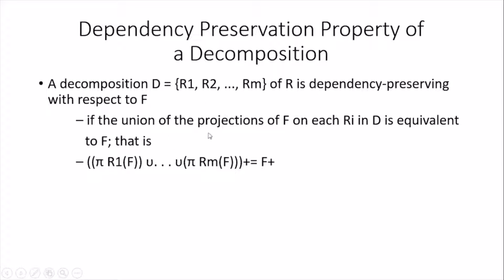When you take the union of the projections of F on each Ri in D, you get the original set of functional dependencies, and when you take their closure, that is equivalent to F closure. So pi R1 of F union pi R2 of F, etcetera, union pi Rm of F, and the closure of that will give you F closure.